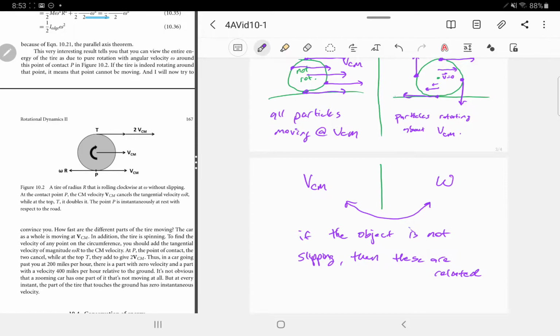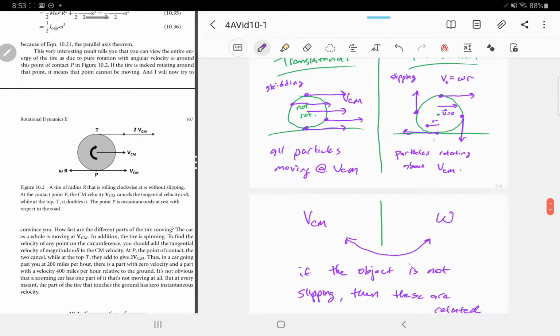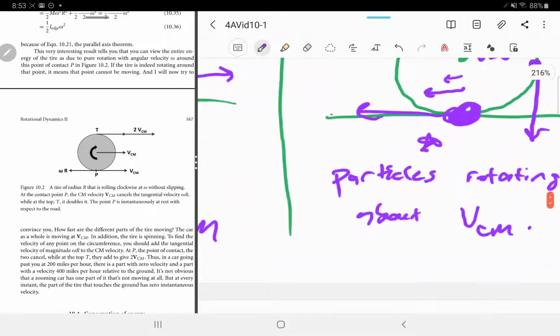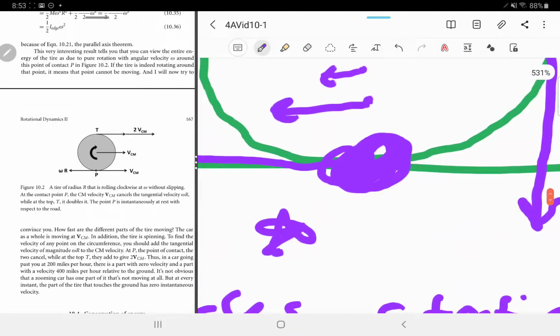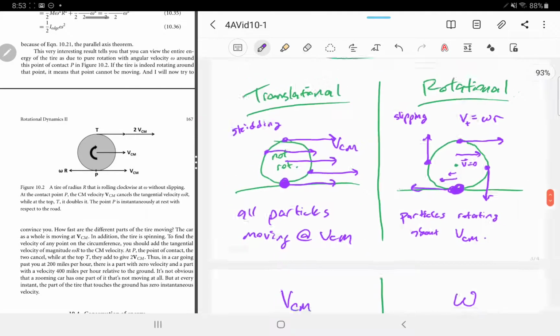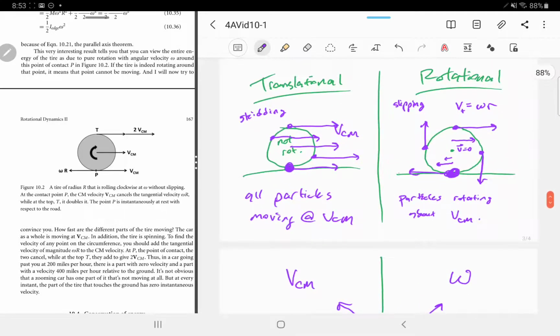If the tire's not slipping, that means that the velocity on the ground has to be equal to 0. So looking at this point on the bottom and this point on the bottom, if you couldn't see where I just put a star, I'm looking at this point right here in both of the pictures. At that point, notice how the translational motion's to the right, the rotational motion's to the left.